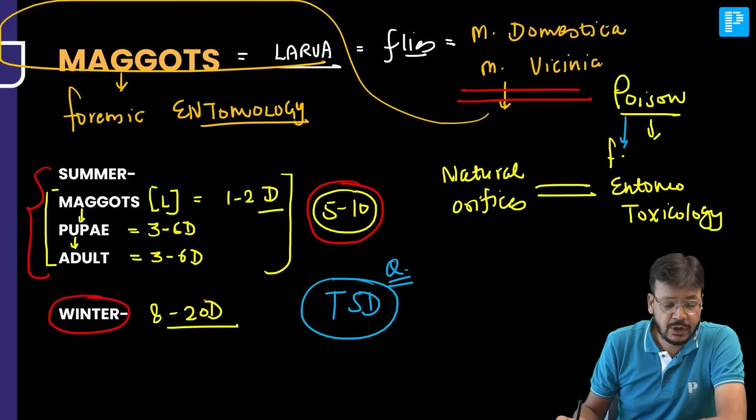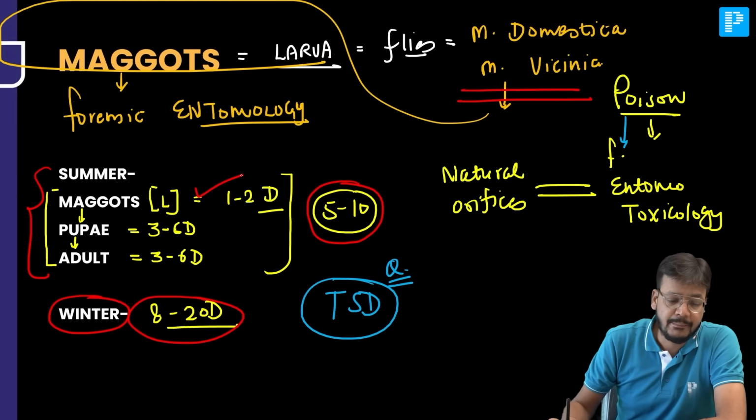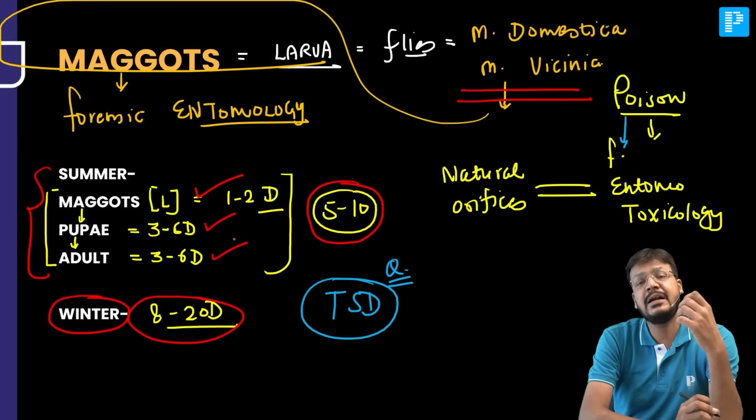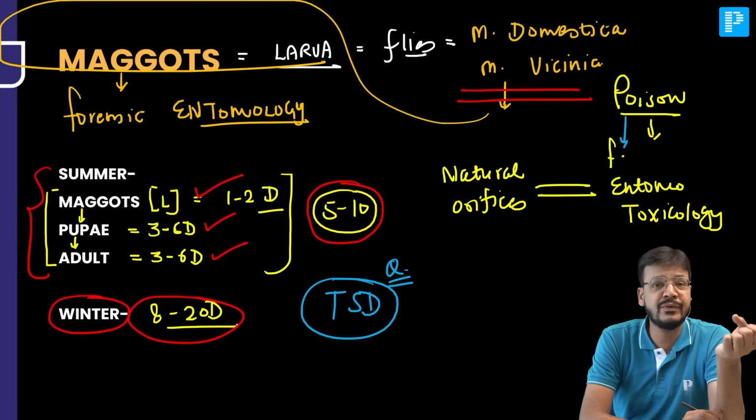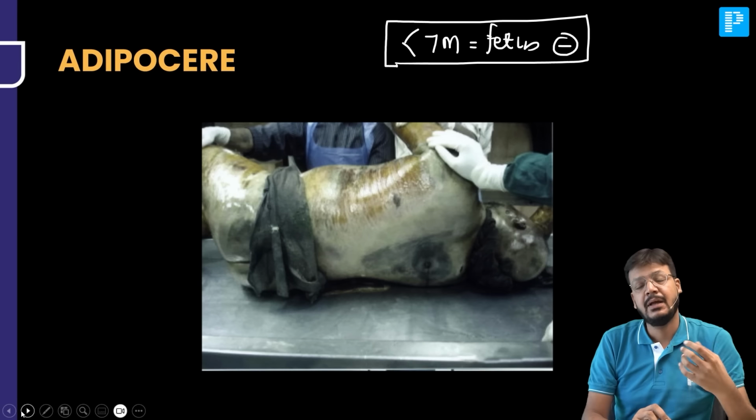And in winter, the whole cycle of the fly is 8 to 20 days. Now you can see maggots in 1 to 2 days, then pupa in 3 to 6 days, and adult in the next 3 to 6 days. So it is also a very important criterion to decide time since death.